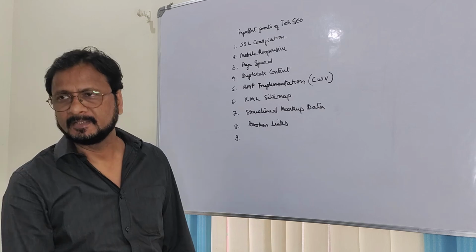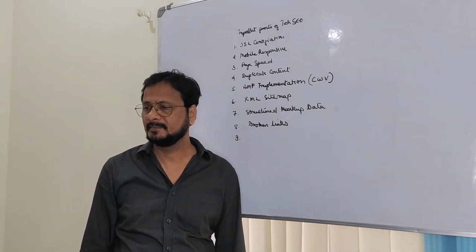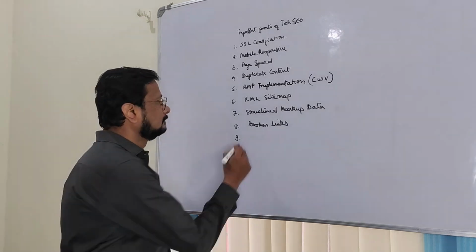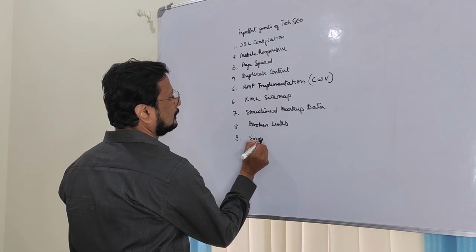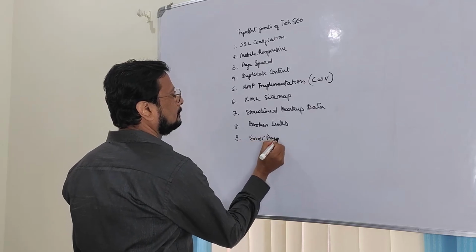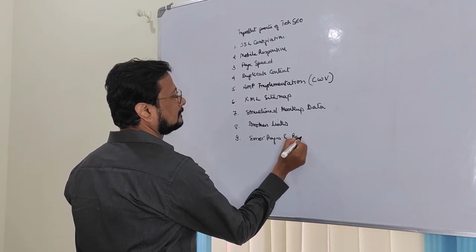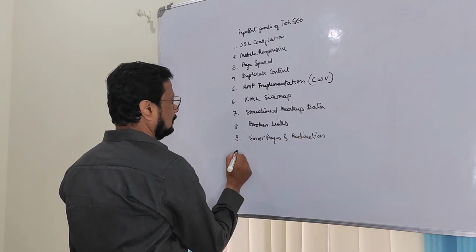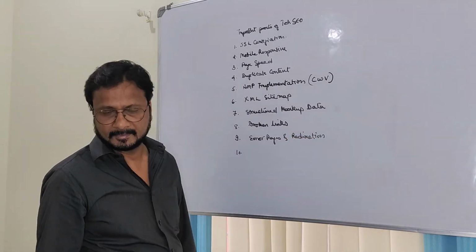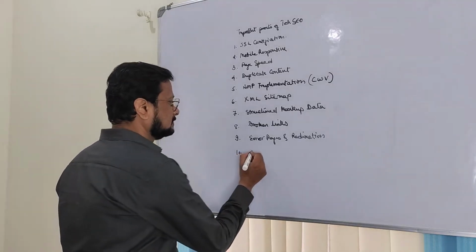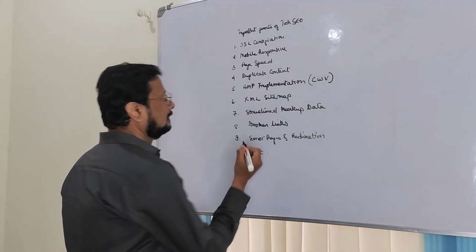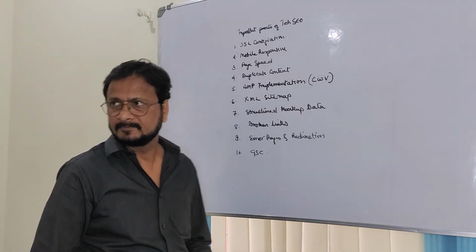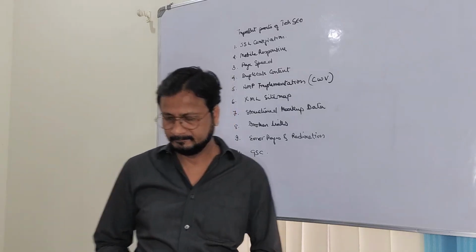Number nine, we look at error pages and redirection. Last, number 10, we look at the Google Search Console as such, GSC. Good? Clear? Okay.